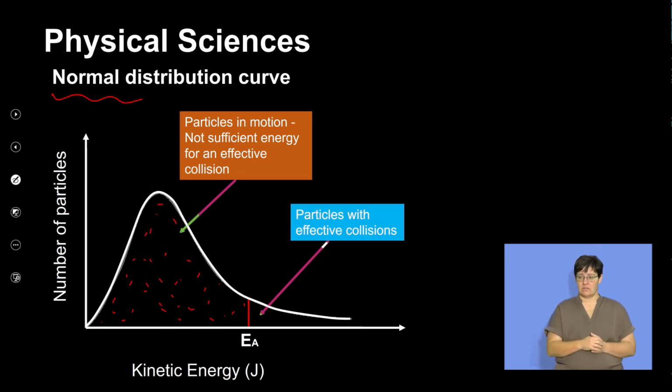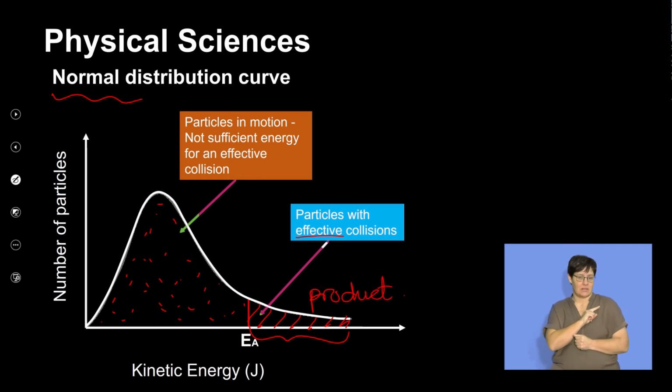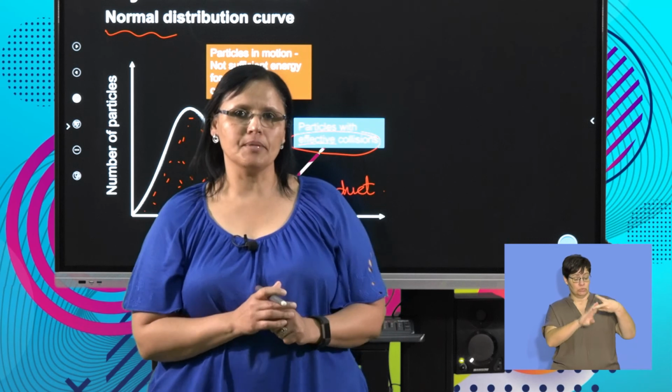This part here is the particles that cause effective collisions. In other words, this part of my distribution curve is the particles that will form product because these particles form effective collisions. I just want to remind you again that an effective collision has two requirements.